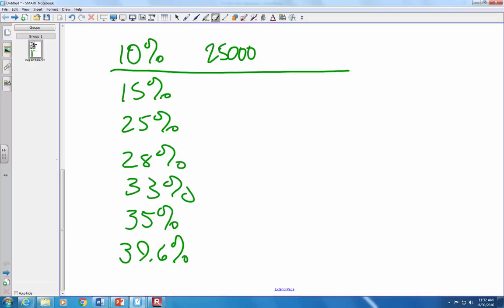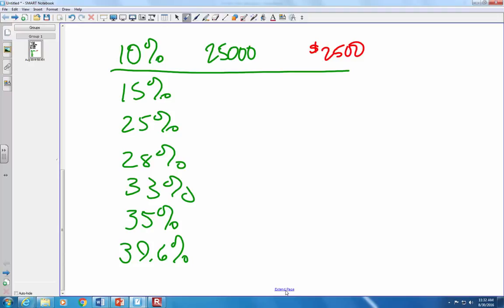My income tax is what on that? Not a trick question. 10%. Right? This is my taxable income, 10%, 2,500. Okay. Next example.